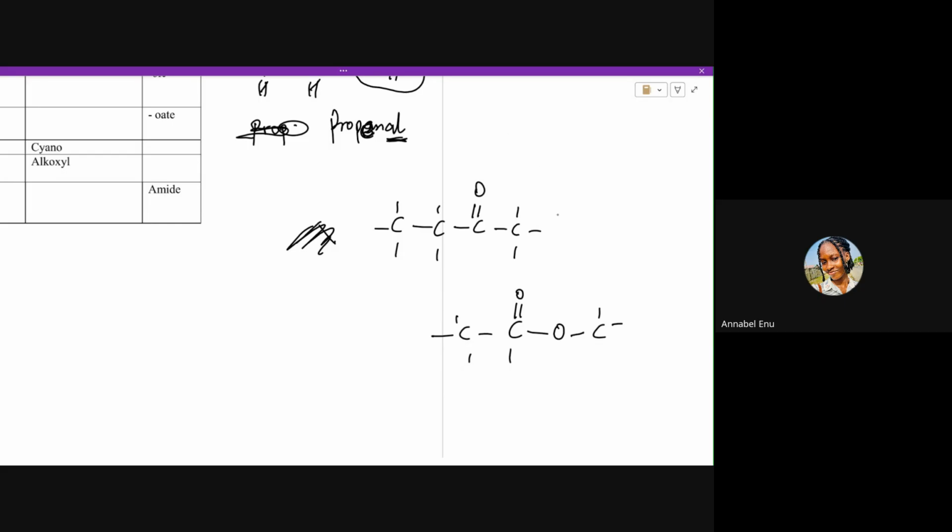Now these two don't belong to the same homologous series. These two structures have different functional groups. Who can tell me what the functional group of structure 1 and structure 2 is?